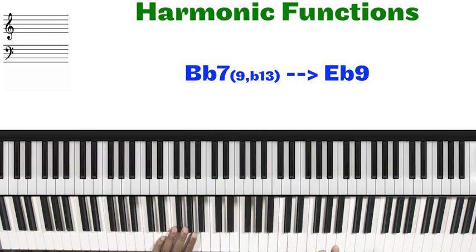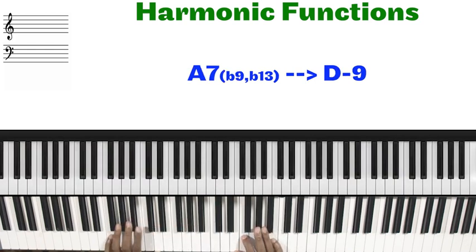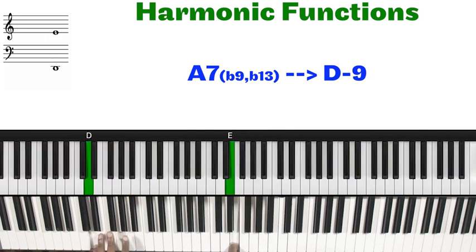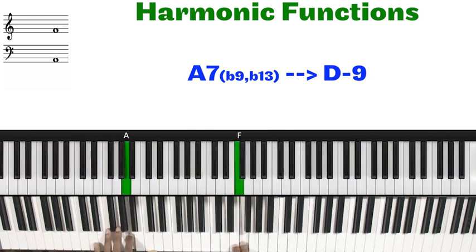Okay, what if it's functioning as our A7, flat 9, flat 13, right? So we would probably go to a D minor 9 or a D minor of some sort, but I just prefer the 9 just because of the way the flat 13 resolves to the 9 of the D, right?